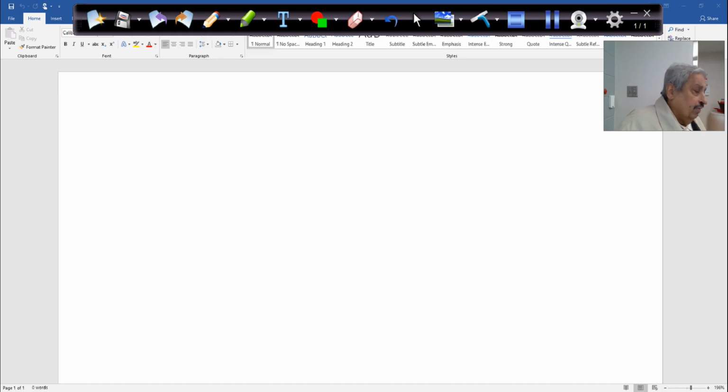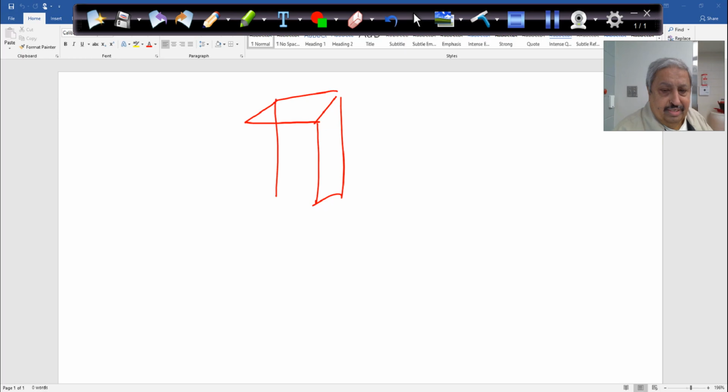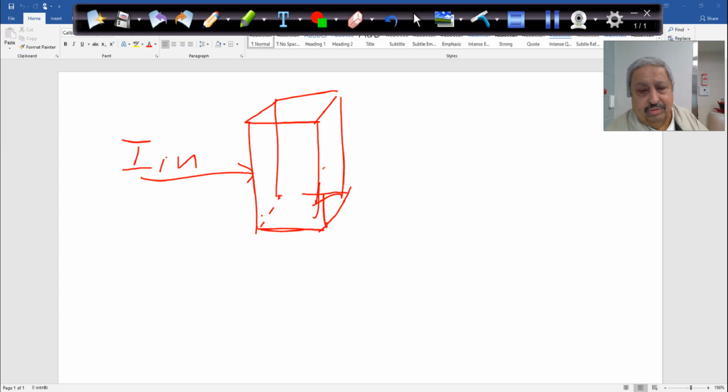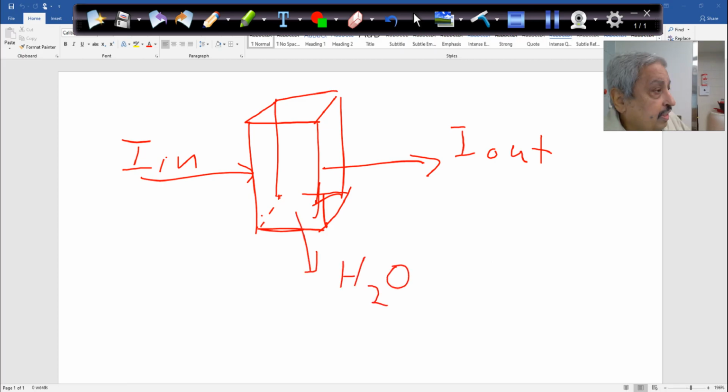So the first thing we have to calibrate with is distilled H2O. Why are we using distilled H2O? If we put the cuvette with H2O inside, the light will go in and go out, and because this is H2O, it is not absorbing, so the absorbance will be 0.